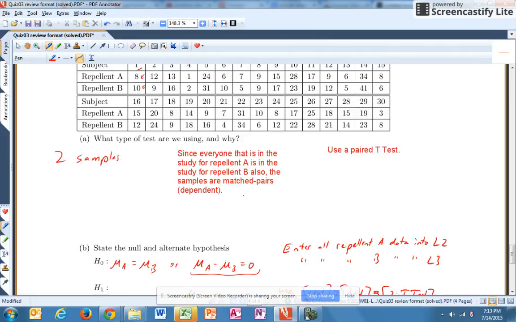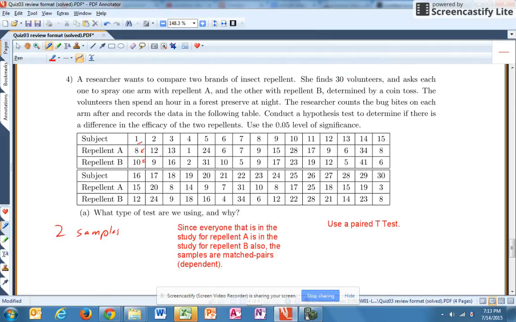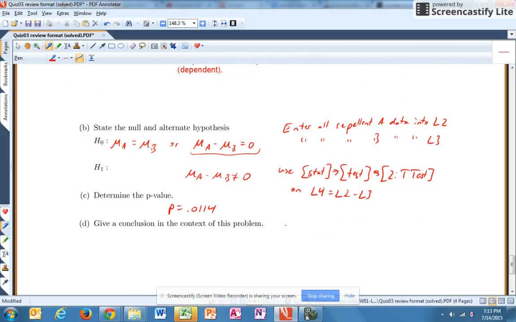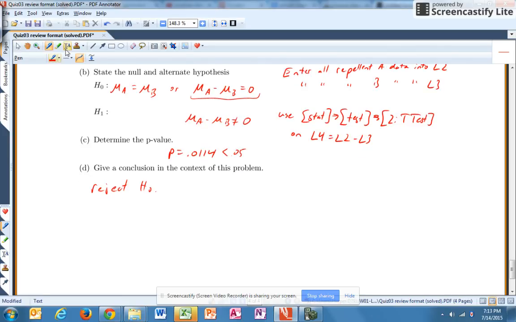All right, and we notice that that's smaller than 0.05. So we're going to reject the null hypothesis. That means that we have statistical evidence that there is a difference.